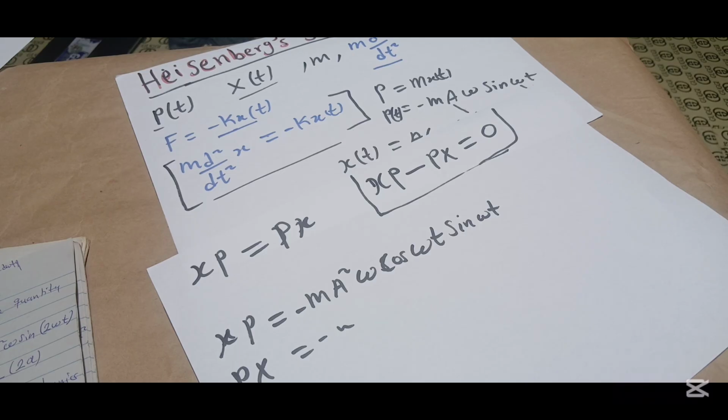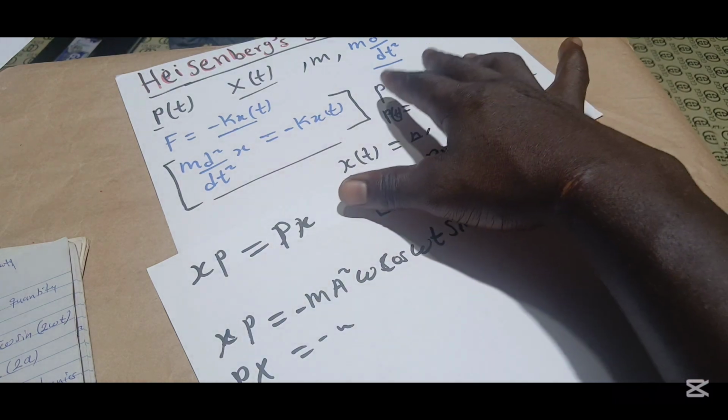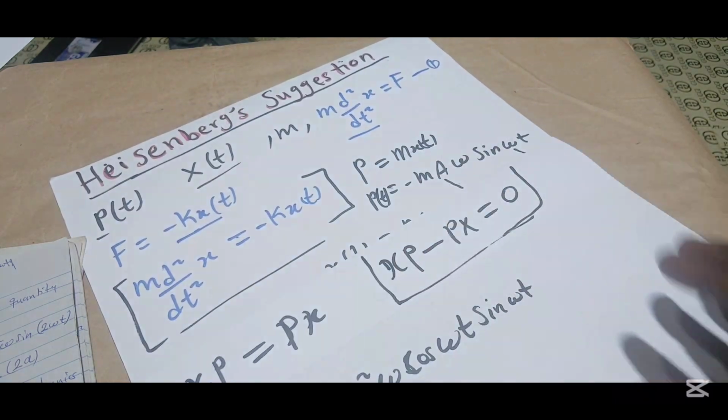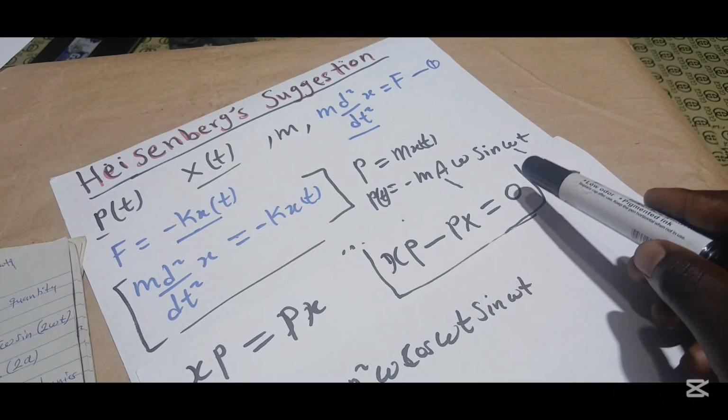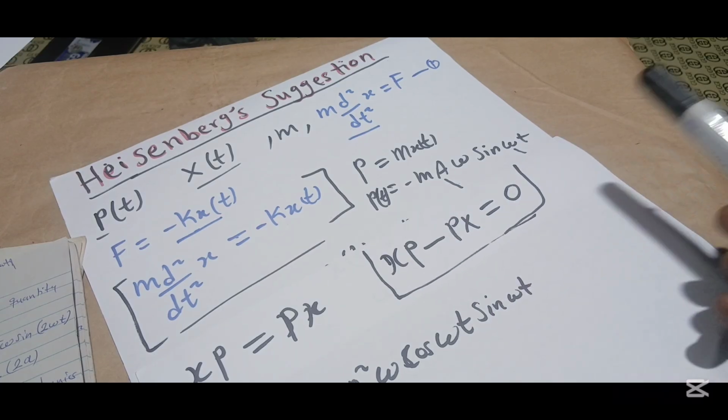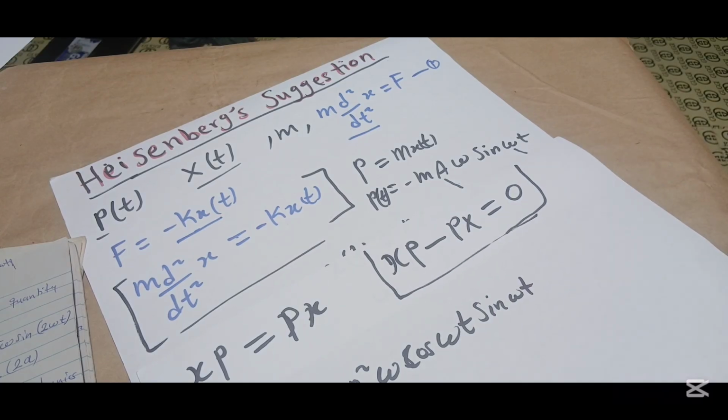Then, what did Heisenberg say? According to the Heisenberg uncertainty principle, what does it mean? Heisenberg said that these two operators, we cannot get zero in quantum mechanics.